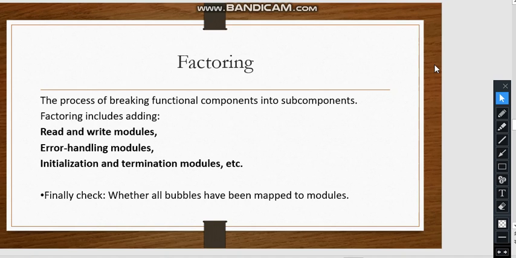The transform analysis is applicable only when all the input arrows are coming to a single bubble, while the transaction analysis is applicable to a small problem.